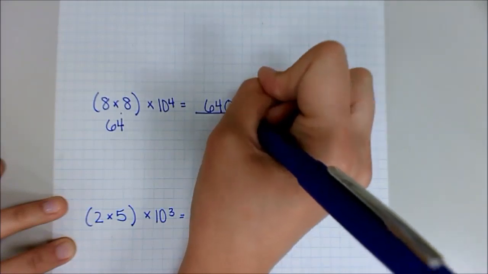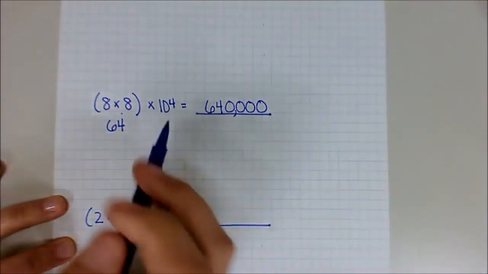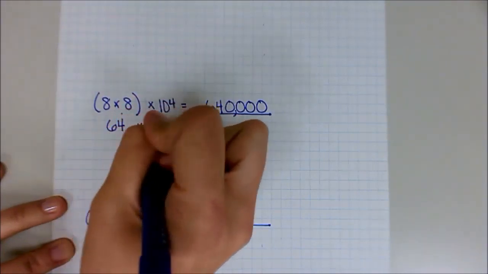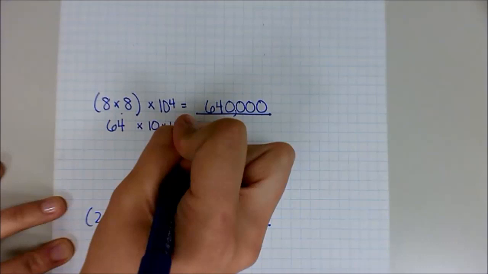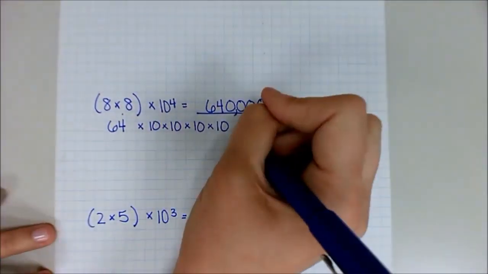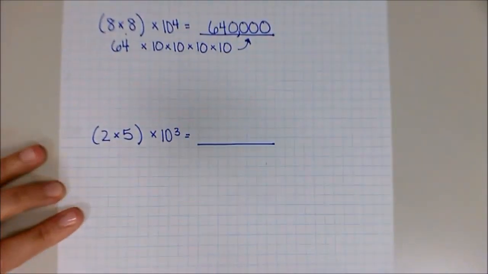Count my comma, 1, 2, 3, comma, and get 640,000. Because really what this problem is saying is 64 times 10 times 10 times 10 times 10. And that gives me 640,000.